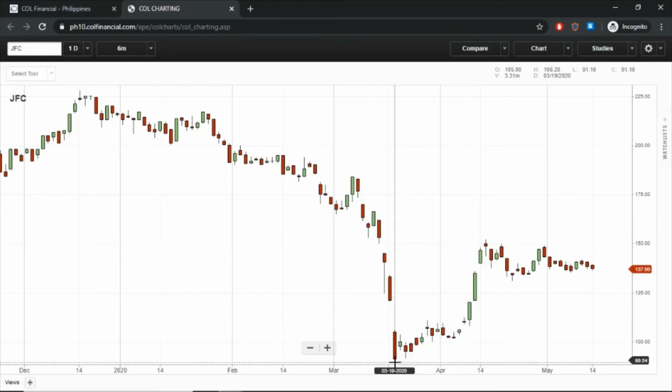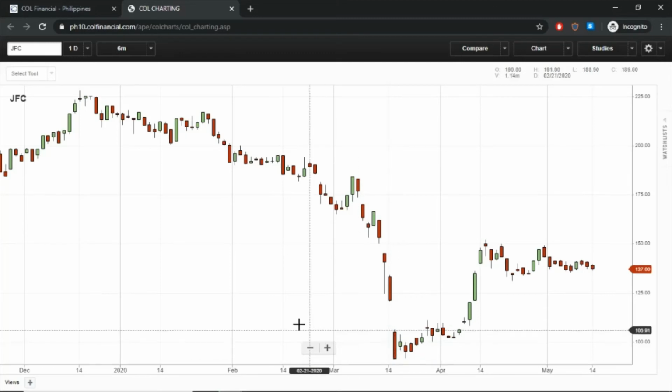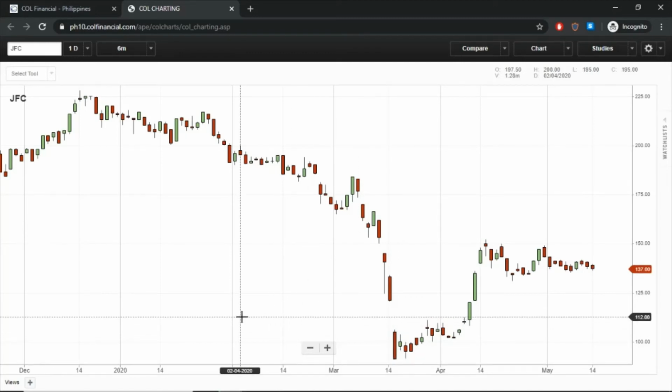So the advantage of investing in the stock market, guys, let's say for example, if you invest your money inside of a bank, in a year, let's say you have 10,000 pesos and you put it inside of the bank, that 10,000 pesos will only earn you 3%.